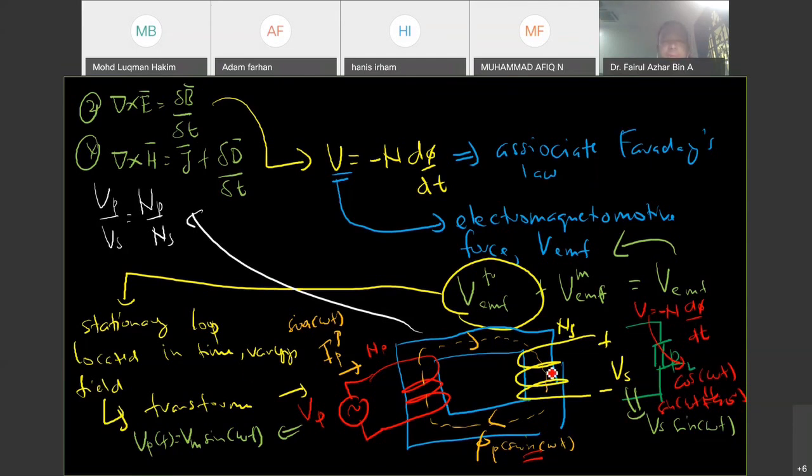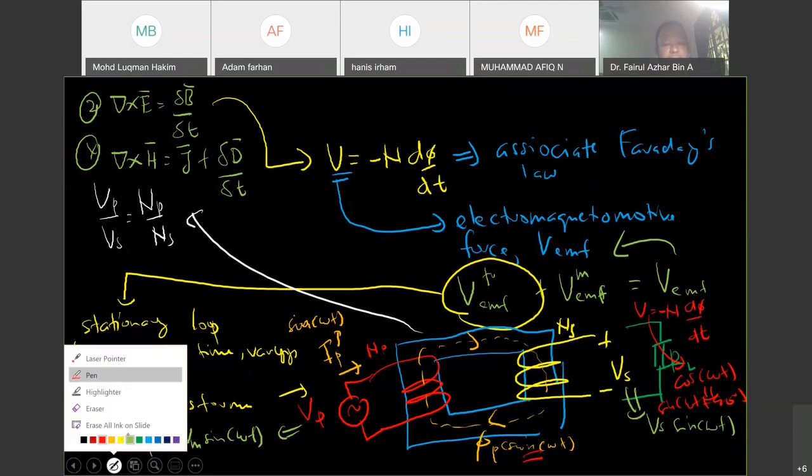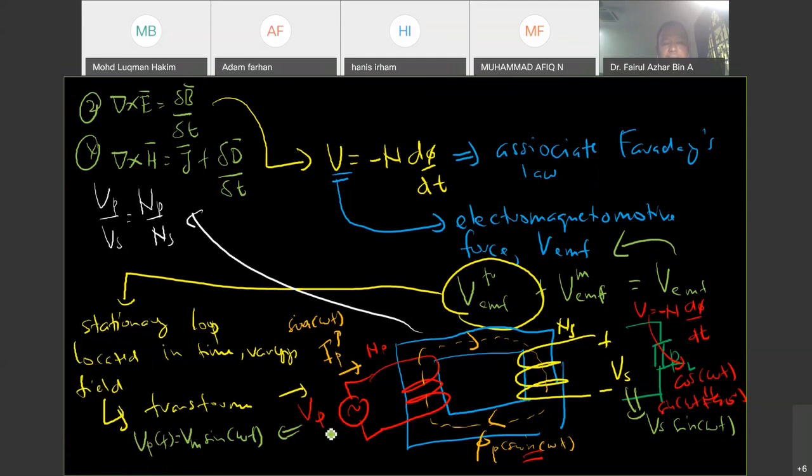So what will happen if we have VP in terms of DC? Let's say the VP exists in DC, VP is equal to DC. Because we have VP in DC, I is also in DC form. Because I is in DC form, the flux induced inside this core is also in DC form.